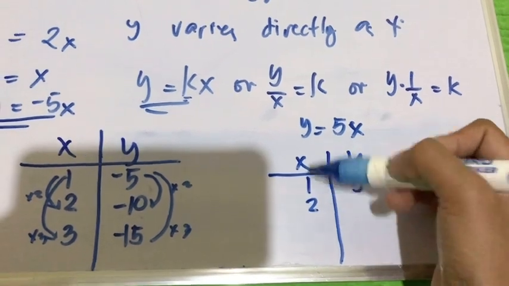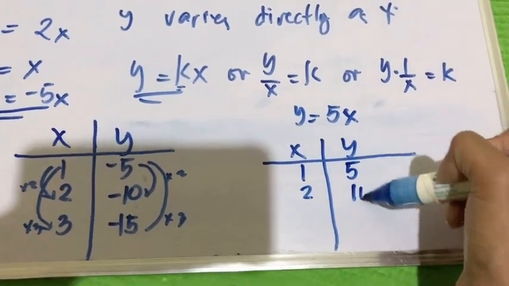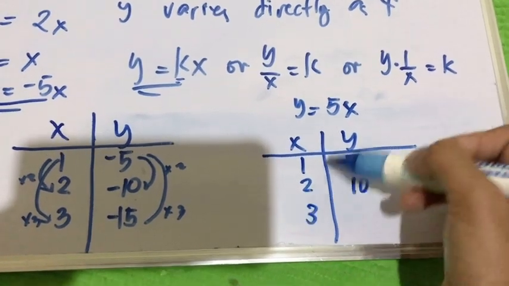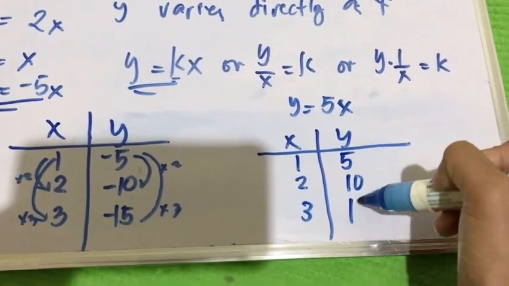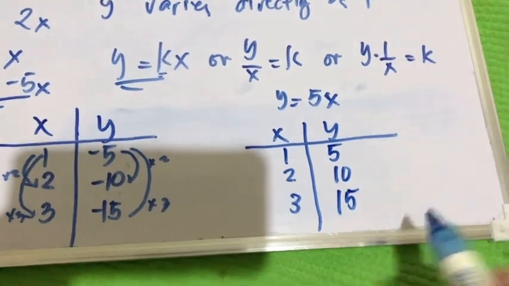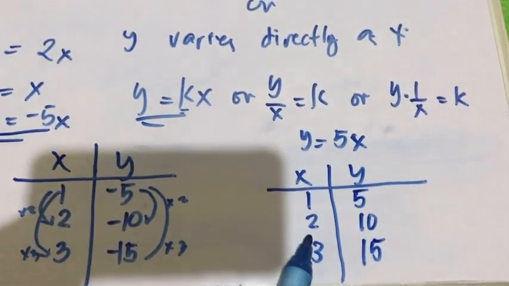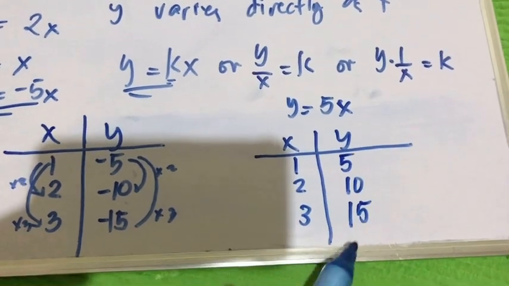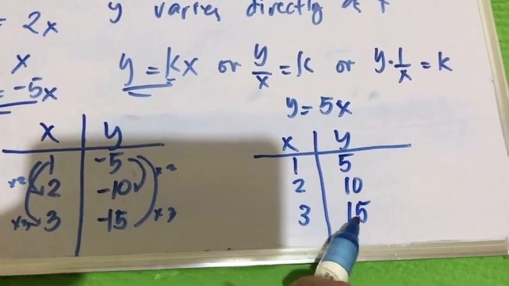If x is 2, then our y is 10. If x is 3, our y is 15. So on the x values, we have here 1, 2, and 3. And on the y values, we have here 5, 10, and 15.